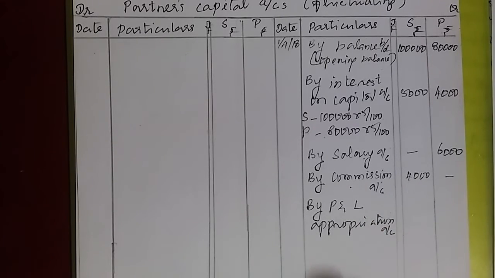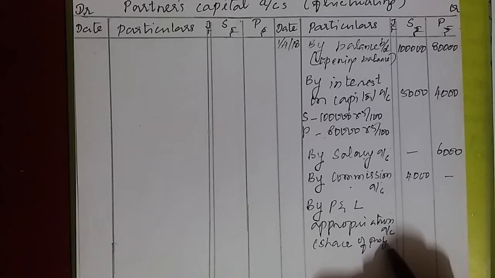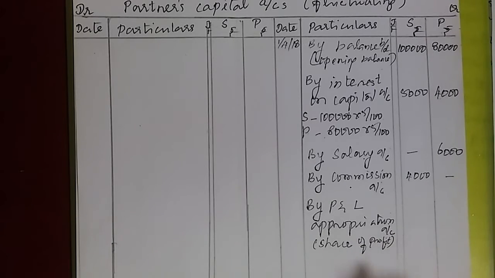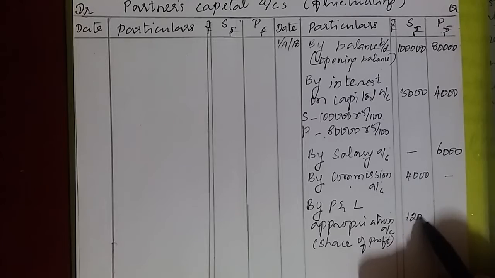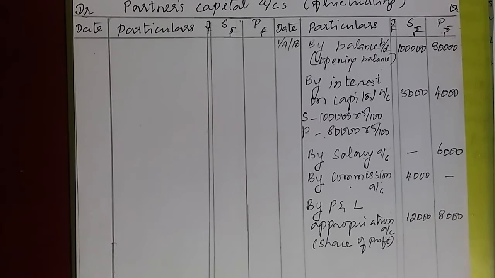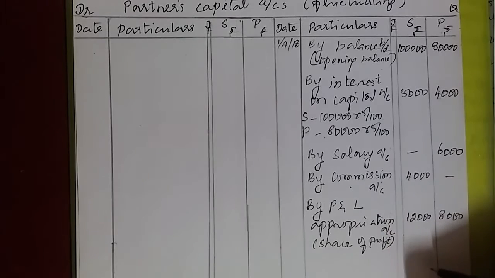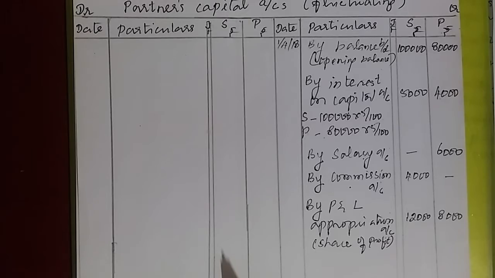In another way you can remember, it is about the share of profit. Profit is a credit value, so we should show this credit value on the credit side. Here 12,000 we calculated for Sachin and 8,000 we calculated for Pratham. So these are the credit values we have written here on the credit side of the partners capital account.